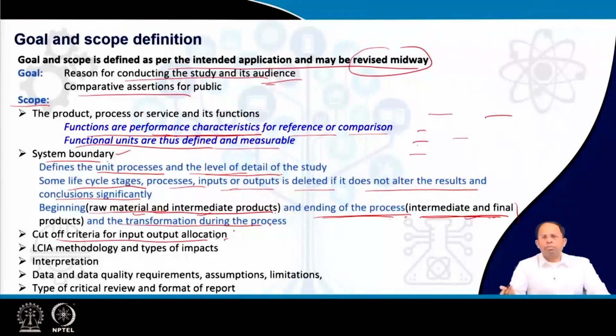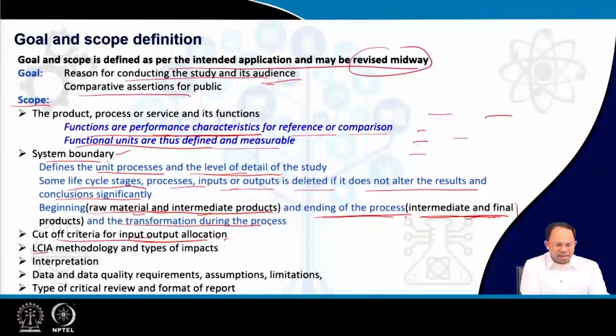Then when this plant eventually decomposes, the carbon is released into the atmosphere again. So I can decide that I will not consider this process, because I will assume that for whatever plants I am destroying, I will also plant a similar amount. But if we are not doing that, then that has to be considered. So that is why this cutoff criteria for input-output allocation has to be considered.